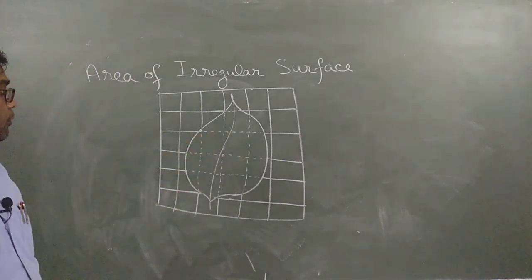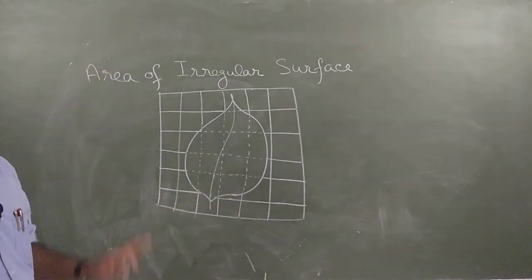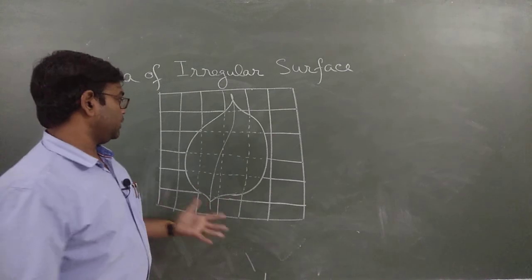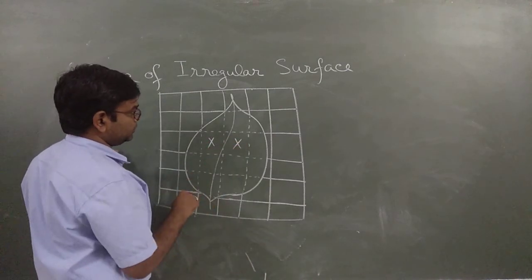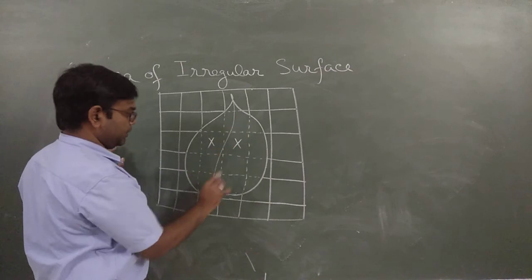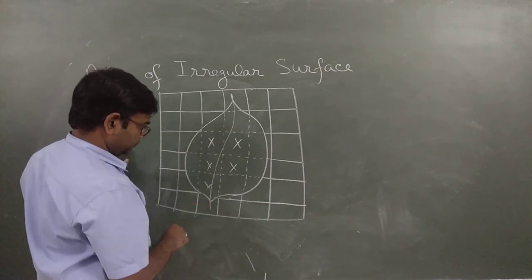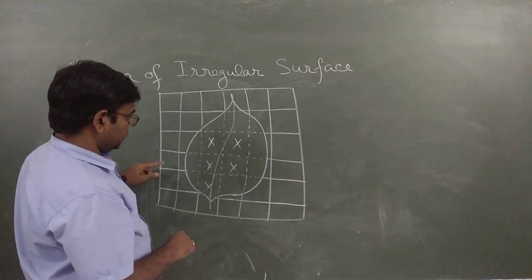For finding the area of this, we first count the complete square boxes covered by this leaf. This is a complete one, this one is complete, this one a little bit left but it's complete, this one is complete. Clear? And then check.